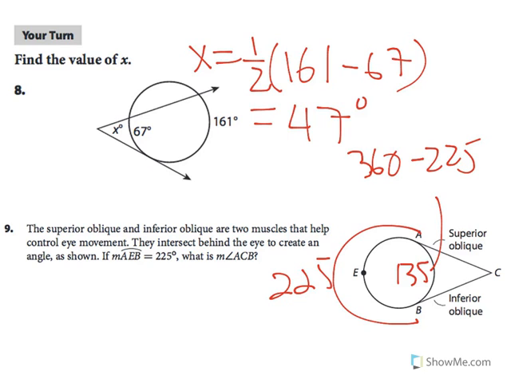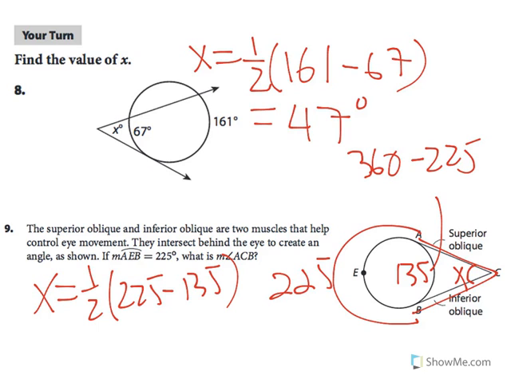We are solving for angle ACB, which we'll call x. So x equals 1/2 of 225 minus 135, so x is 45 degrees.